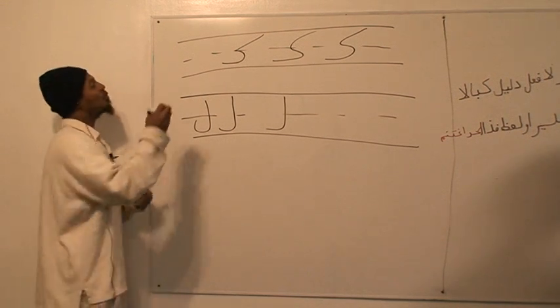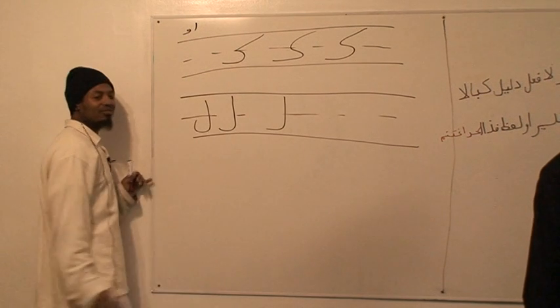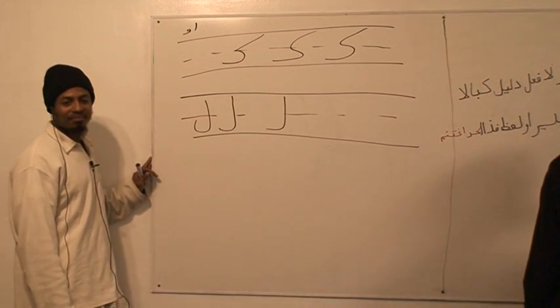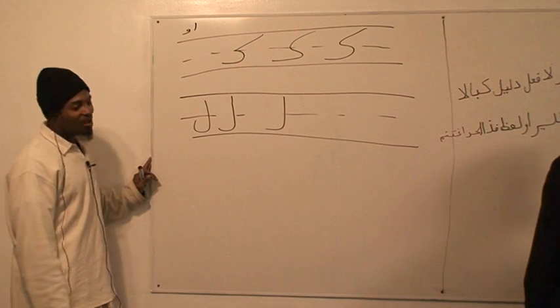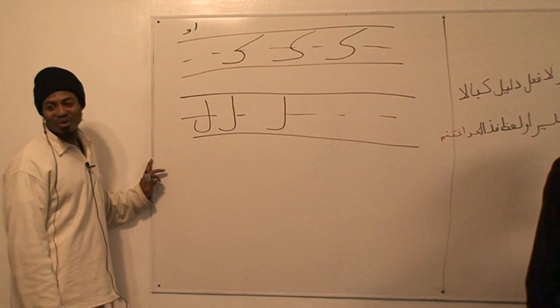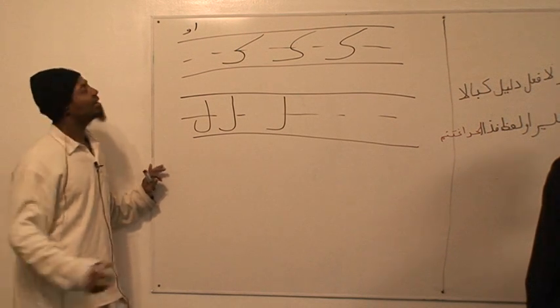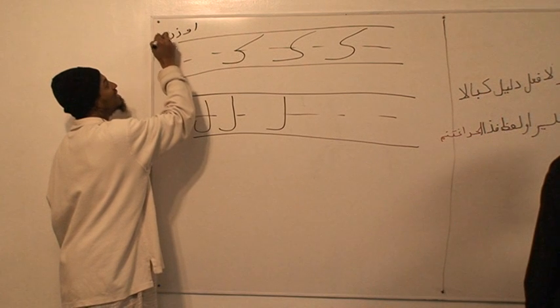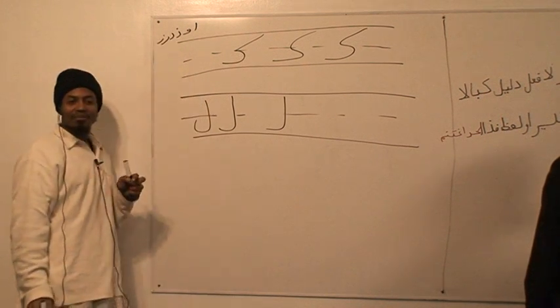Waw. So we have alif, we have waw. No, not meem. No, meem is connecting. Excuse me? No. Dal, dhal, ra, zay. Okay?